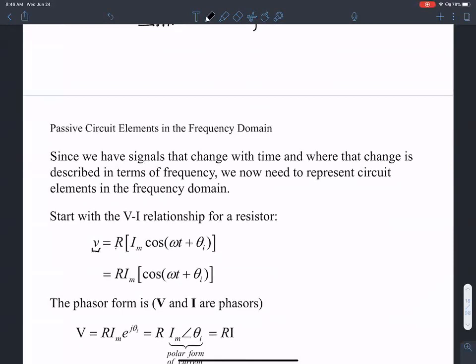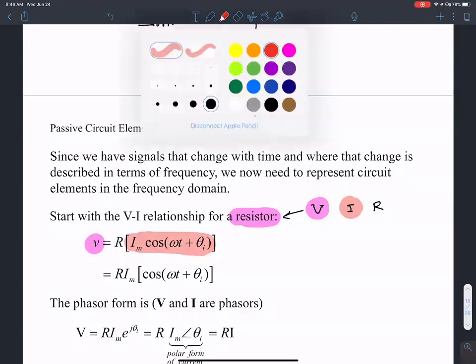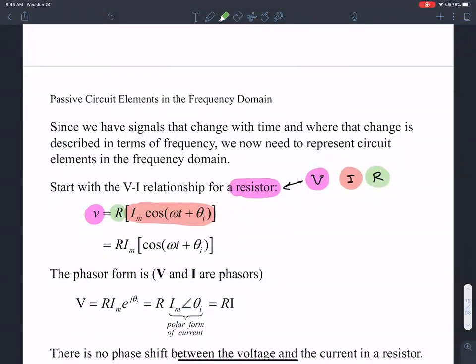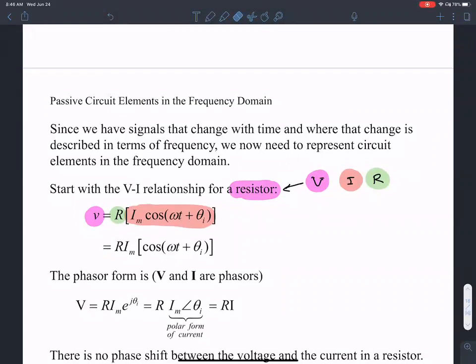So we have the V-I-R relationship. When you look for the relationship between voltage, current, and resistance in the frequency domain, or with a time varying input, this is V, this guy is I, the current, a time varying signal, and this guy is the resistance R. So V is R times Im cos of omega t plus theta I. This represents the time varying component of my current.